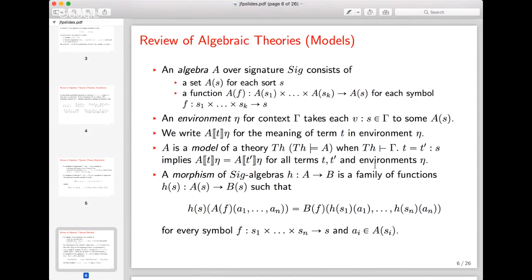And then we just say that a model of a theory is an algebra such that when we look at the meaning of each term and we look at the equations in the theory, when the theory says two terms are provably equal, then the model says that the two terms have the same meaning in that model. And then there is a notion of morphism between algebras and morphism between models that's completely standard.